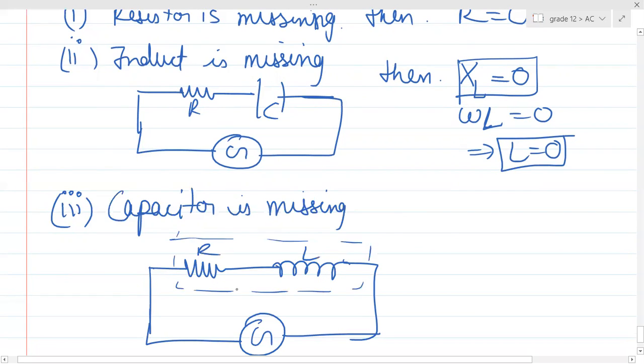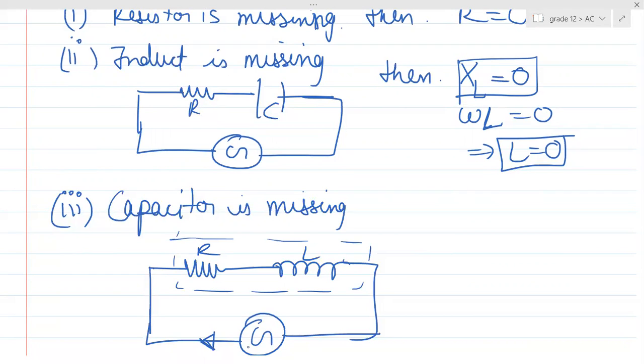I don't know what exactly is inside, but if there is no capacitor over here, then the current will keep on flowing. Will it ever become 0? Guys, will it ever become 0? No, sir, current can never become 0.